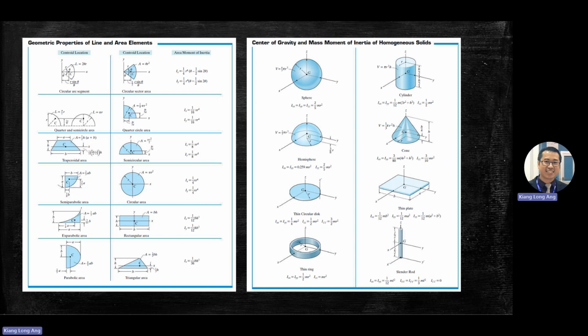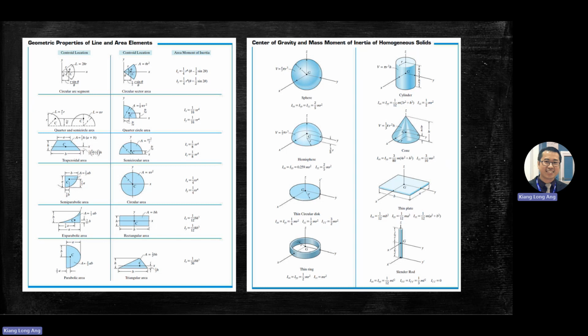But if you're referring to O, the whole question is IO equals I of the rod about O plus I of the disc about O. So you look at the individual ones. So this rod will be here, right?